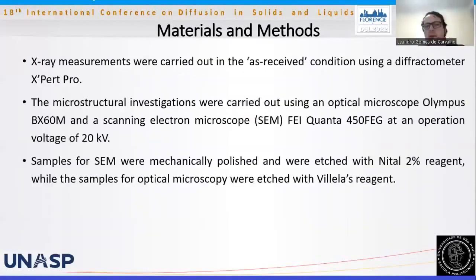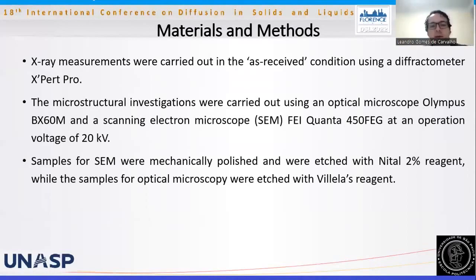X-ray measurements were carried out in the as received condition using an X'Pert Pro diffractometer. Structural investigations were carried out using an Olympus optical microscope and a FEI Quanta scanning electron microscope.